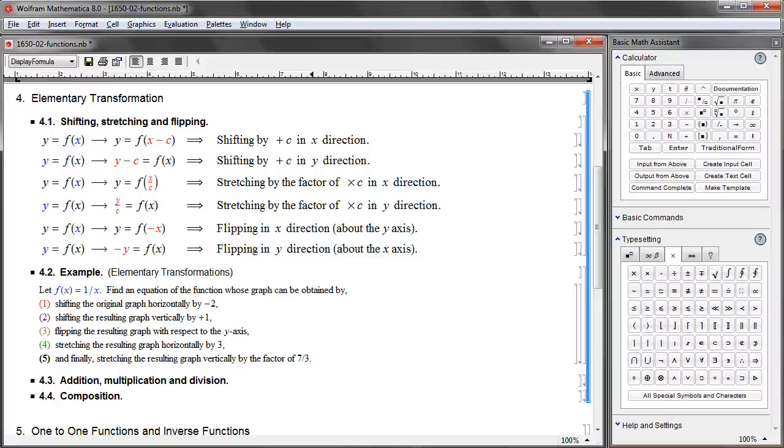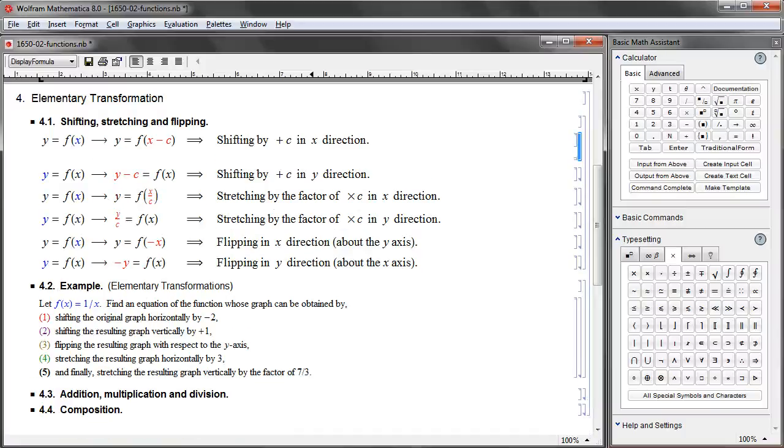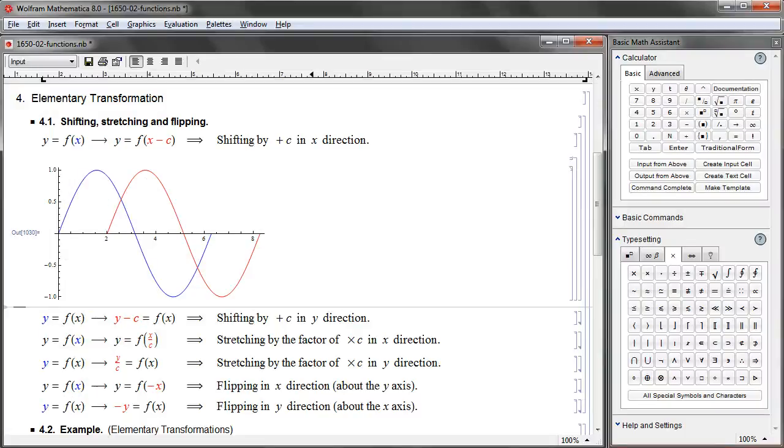What do you mean by that? Here goes an example. Let's consider shifting in the x direction by c. So blue is moved to the right in the positive direction to the red. That's the x direction, and apply the inverse operation.